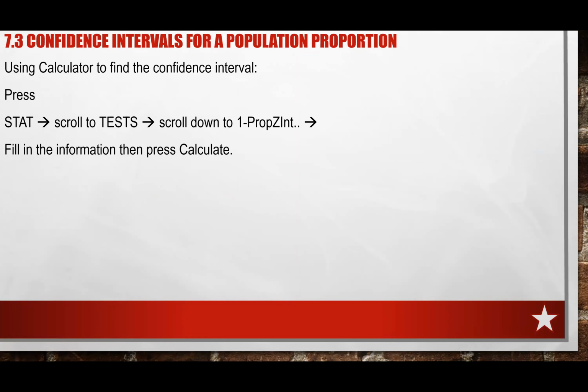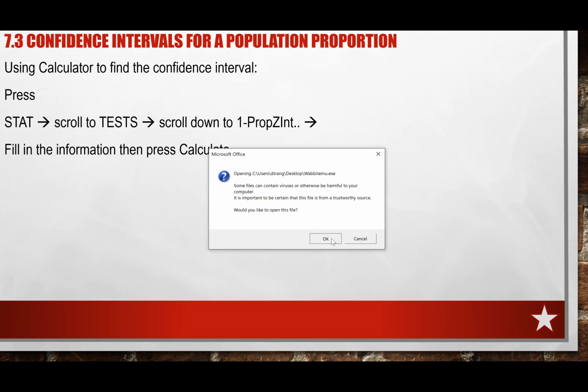You have to tell it: is it the Z interval? Is it the T interval? Or now the last one, is it the one prop Z interval? So everybody see how to tell your calculator to calculate this proportion for you.